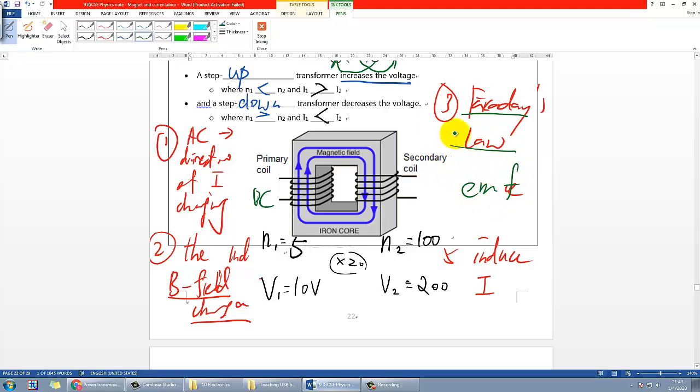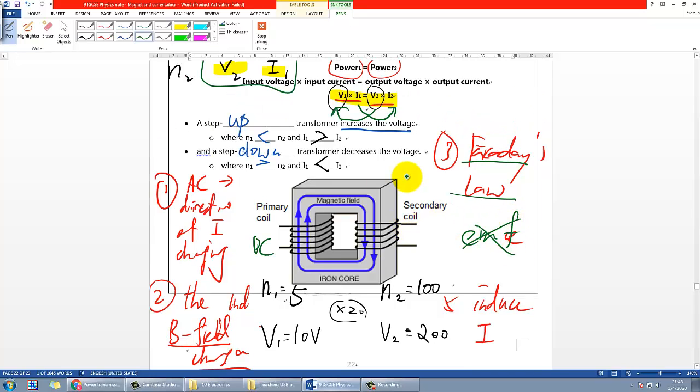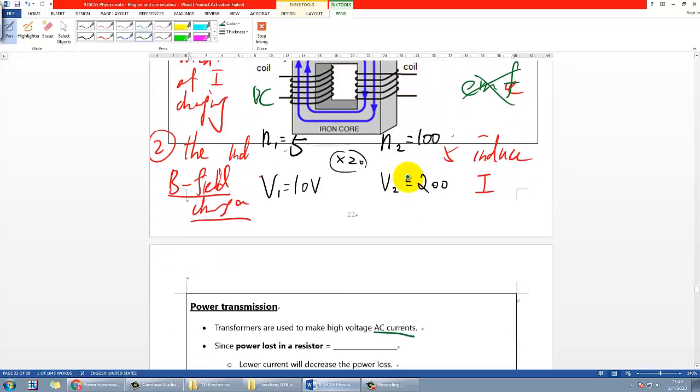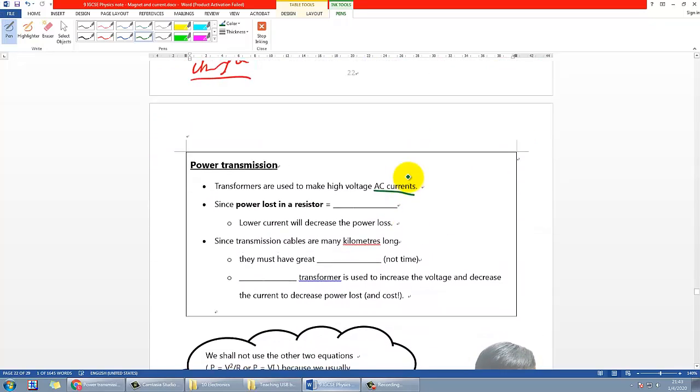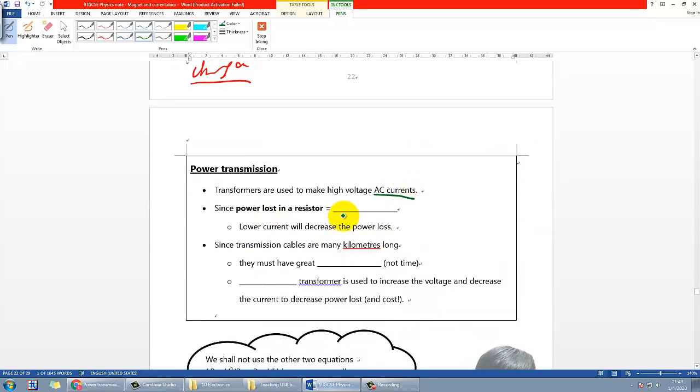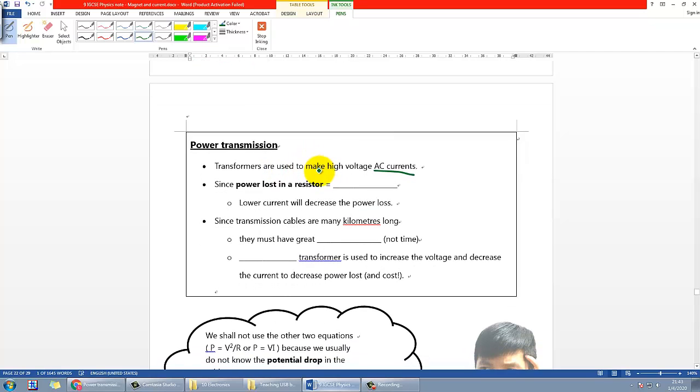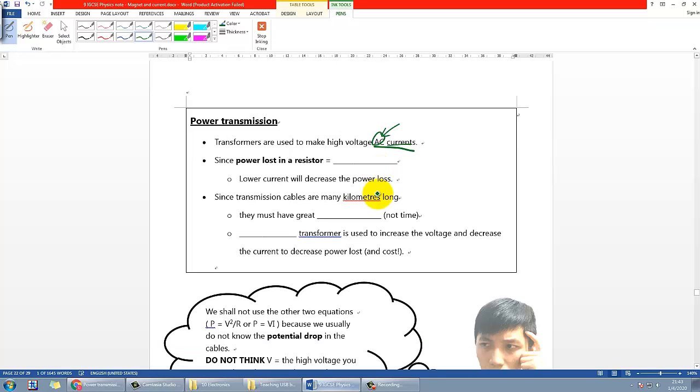So without the changing B field, you cannot have the EMF. So that's why with a transformer, if you use DC, you are wasting your time, wasting your energy, wasting your money. Sorry, back to here. So for power transmission, you have to use AC current. Actually, I should say AC, because the C already stands for current. Alright, sorry for the mistake here.